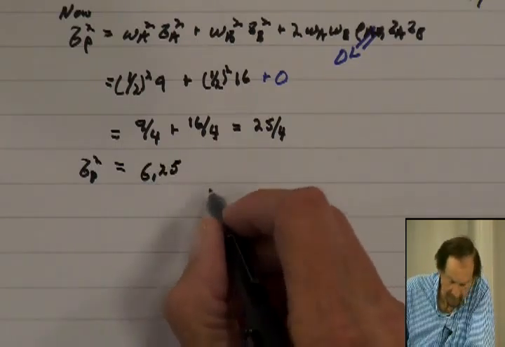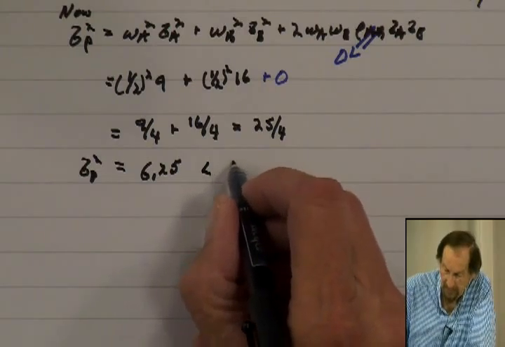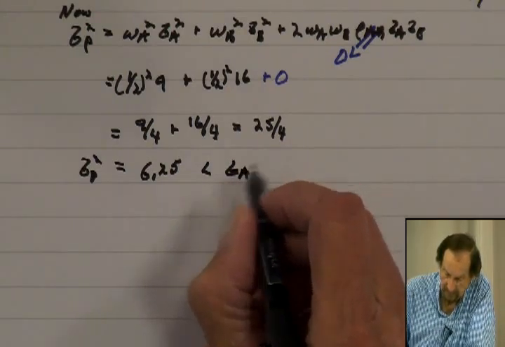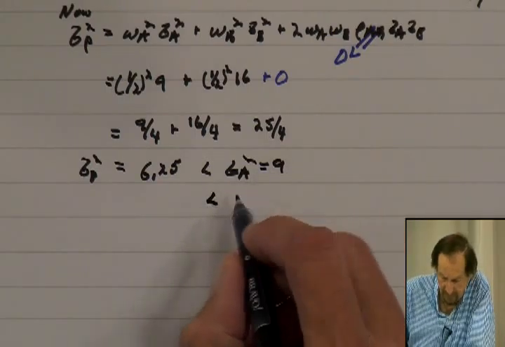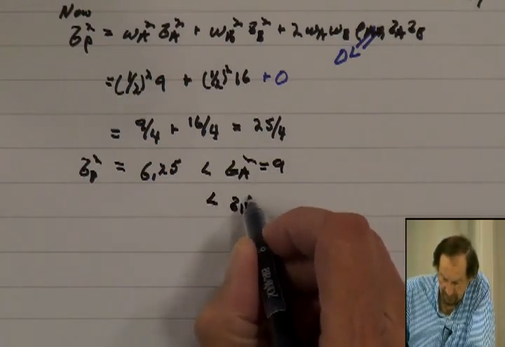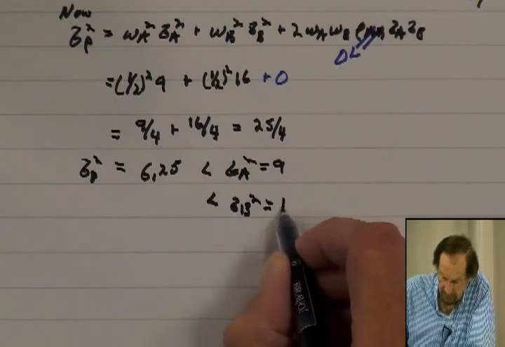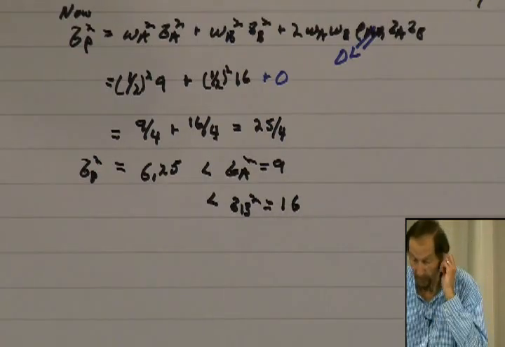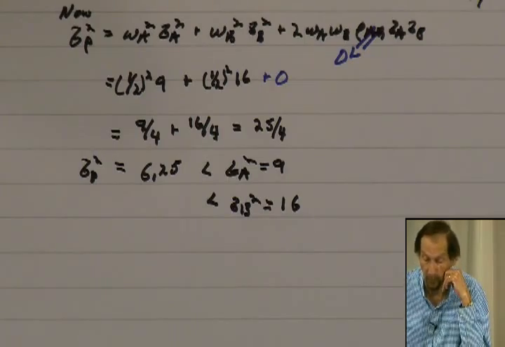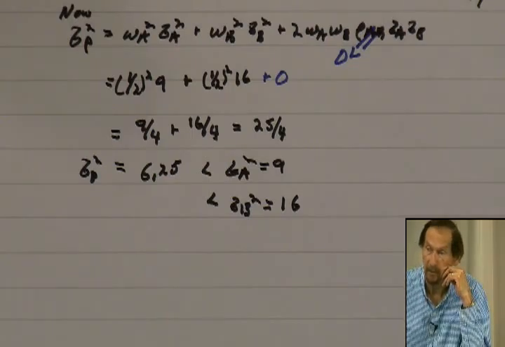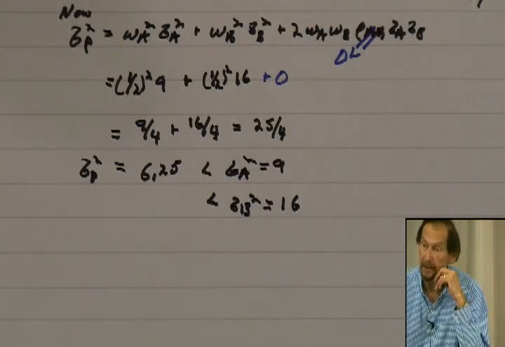Now this is less than sigma A squared equals 9, and it's also less than sigma B squared equals 16. So what we've done is we've added a riskier asset to another asset and actually reduced the portfolio risk below either of the assets.